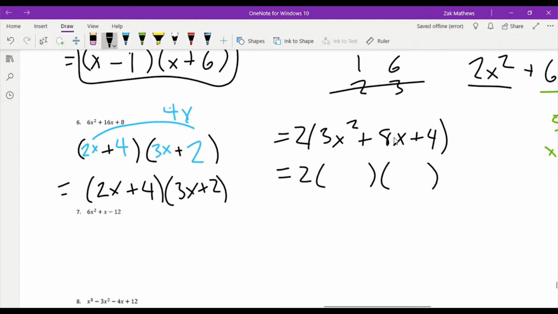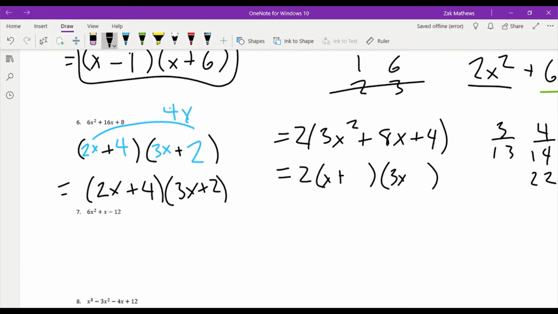So now my numbers are a little bit smaller. I have the 3 and the 4 I need to worry about the factors. So if we think about 3 and 4, 3, the factors are just 1 and 3, so we only have one option, which is nice. 4, the numbers are just a little bit smaller, 1 and 4 and 2 and 2. So we've really reduced the number of possibilities. I know that 1 and 3 are going to be involved.